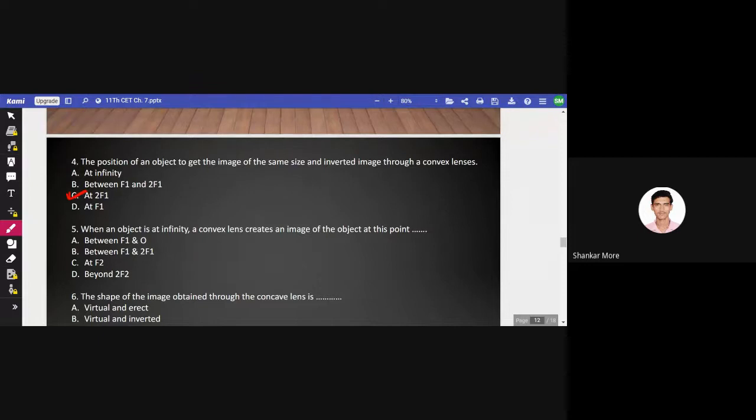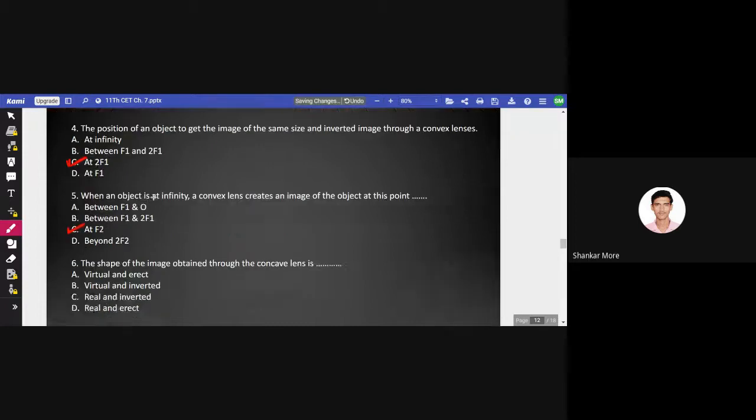Point size image it would be, isn't it? It would be point size image. So यहाँ पे हमें ये ध्यान में रखना है कि जो उसका इमेज है वो फॉर्म होगा f2 पे, but it would be a point size image. So option C is correct here. Let's go to the next question.